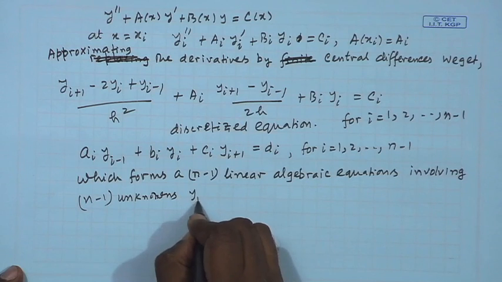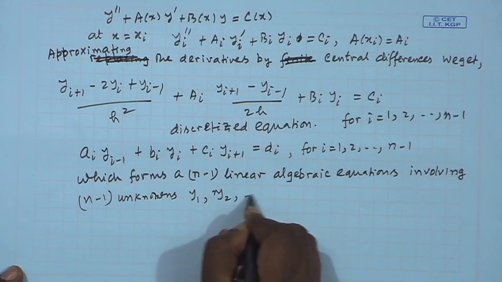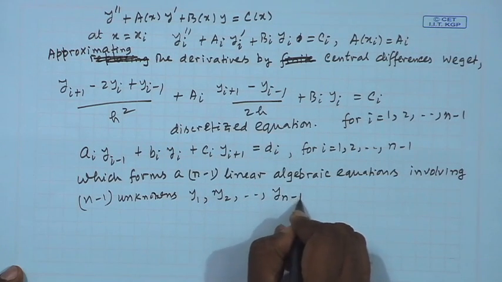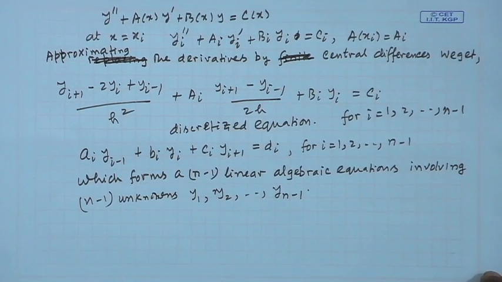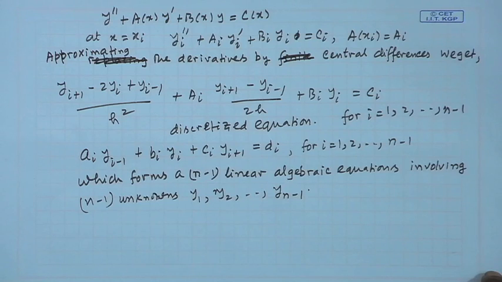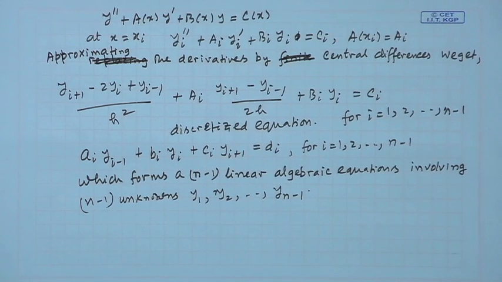What are the n minus 1 unknowns? They are y1, y2, up to y n minus 1. Because y0 and yn appear, but their values are prescribed.